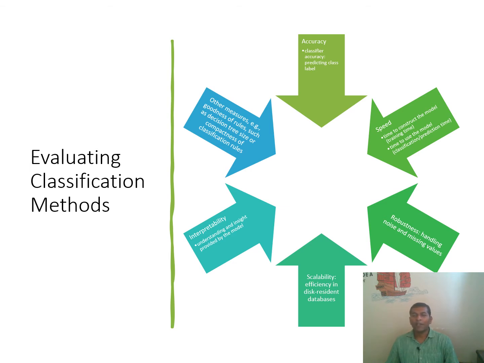That capability of the algorithm makes it more competent. Then scalability. It should be able to handle different amounts of data. Then there are many more features for defining a classifier as a good classifier.